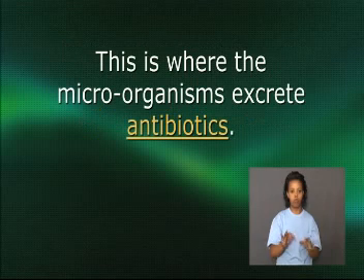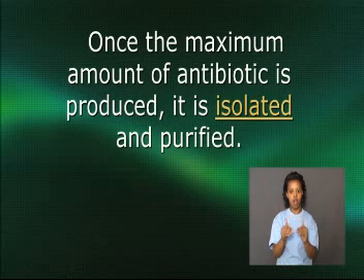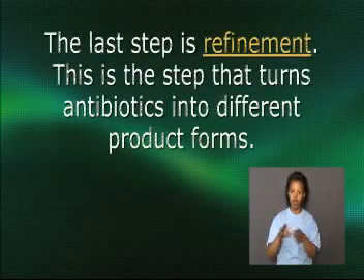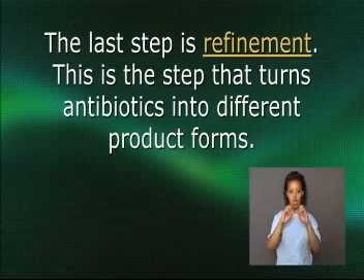This is where the microorganisms excrete antibiotics. Once the maximum amount of antibiotic is produced, it is isolated and purified. The last step is refinement. This is the step that turns antibiotics into different product forms.